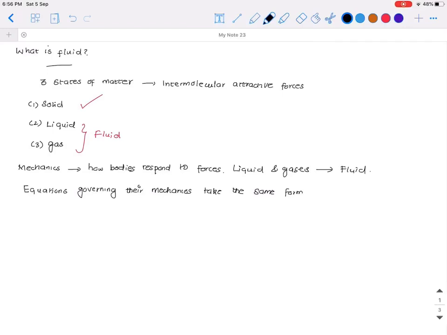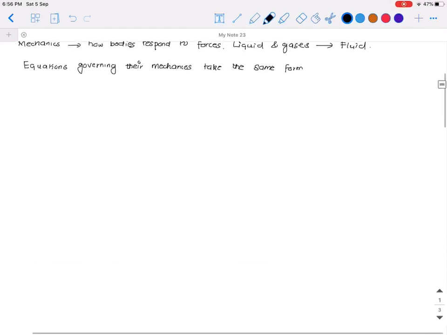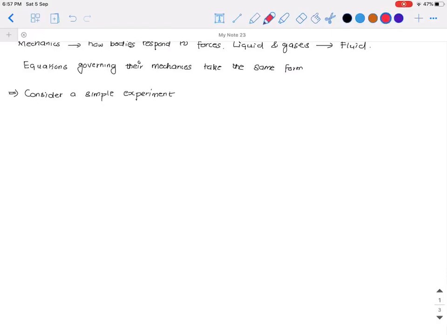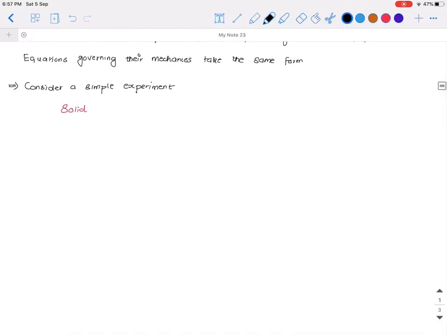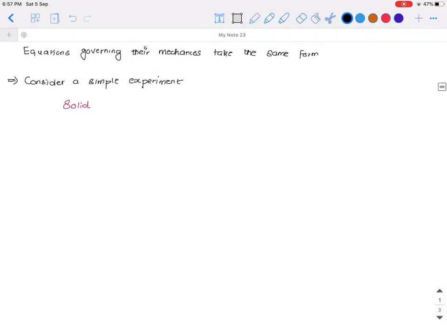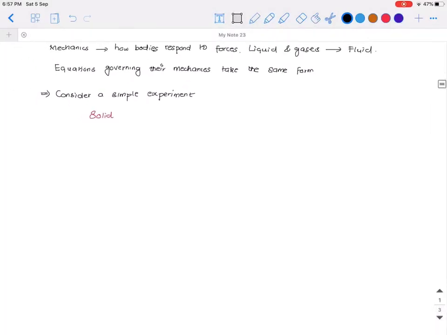In order to show the difference between a solid and a fluid, let us consider a simple experiment. We take a solid, and let us say this is our solid.